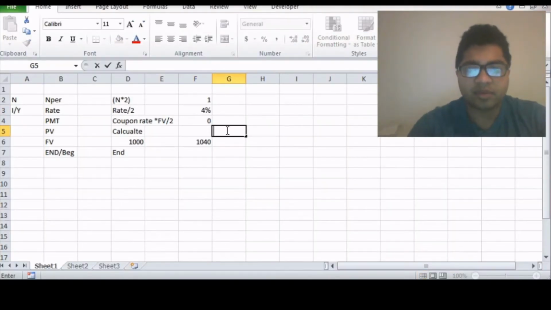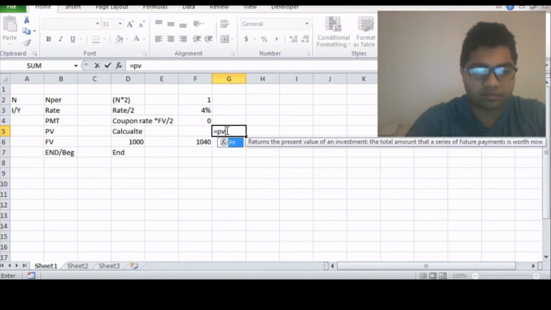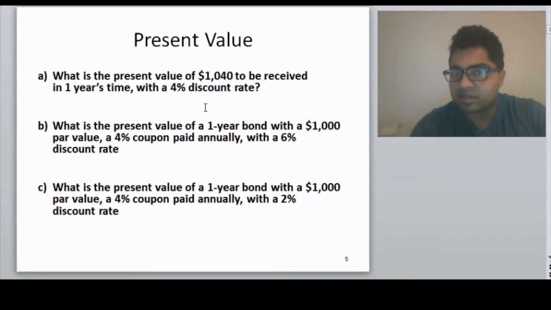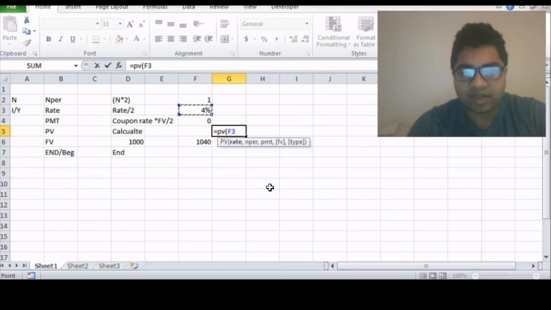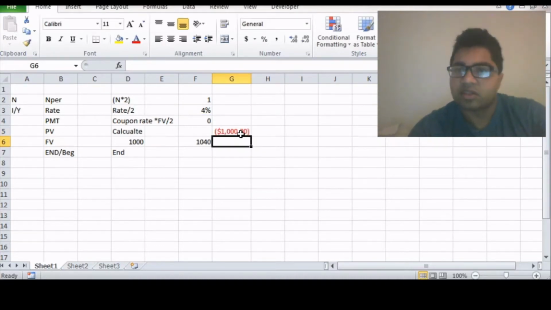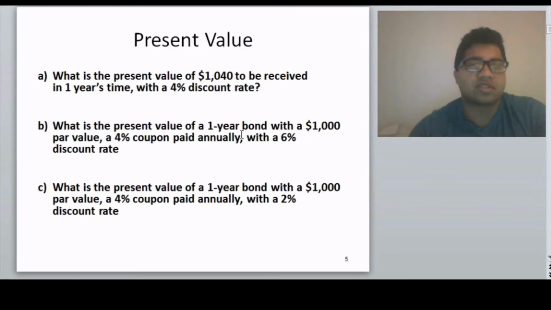Since it is not given to be annual or semi-annual, we'll just consider it annual right now. NPER is 1, PMT is 0, future value is 1040, and type doesn't matter unless there is PMT. So the value of this cash flow is 1000.